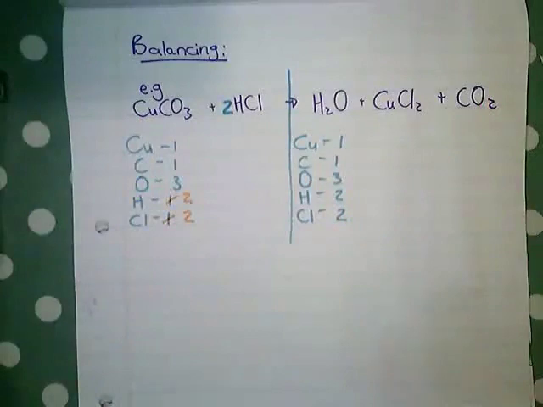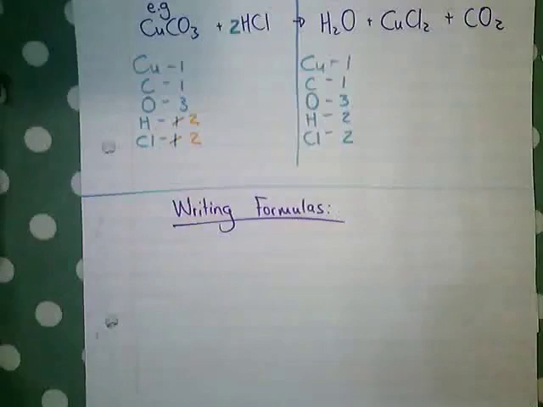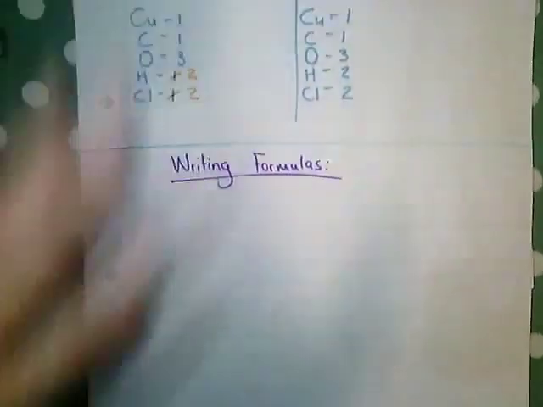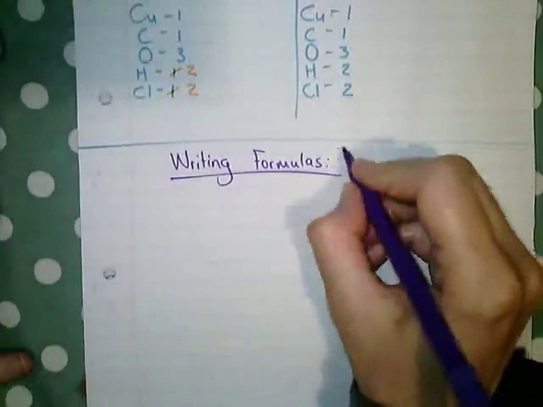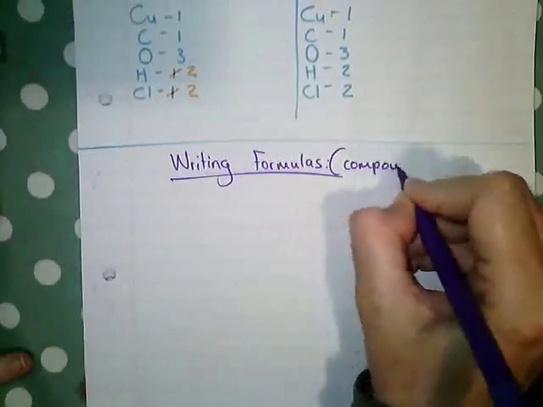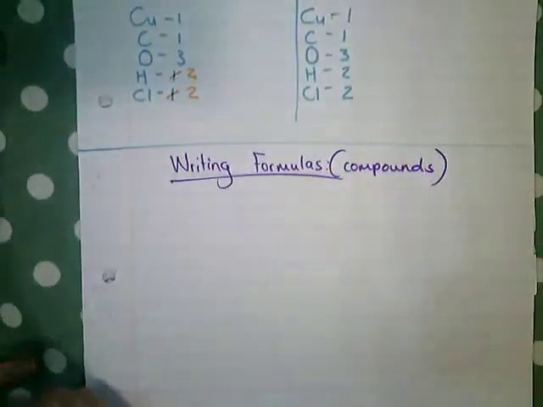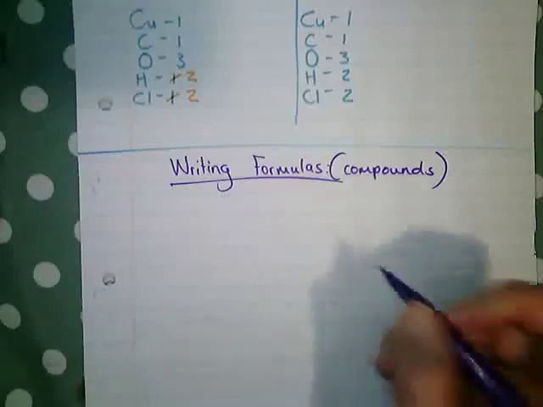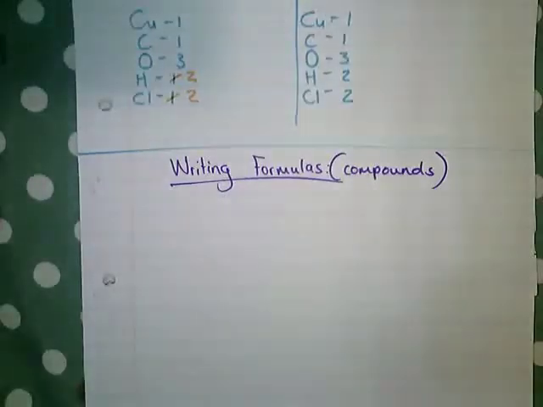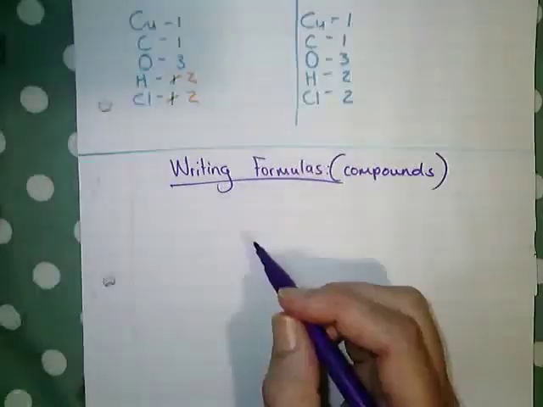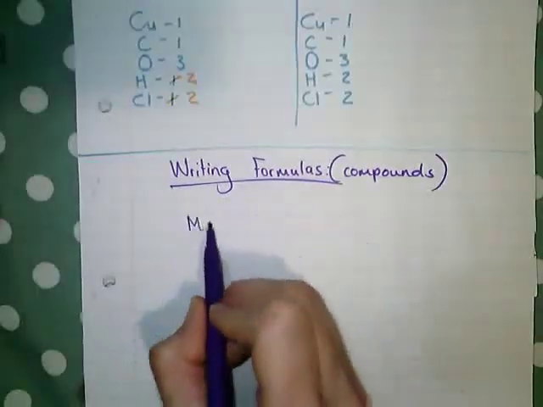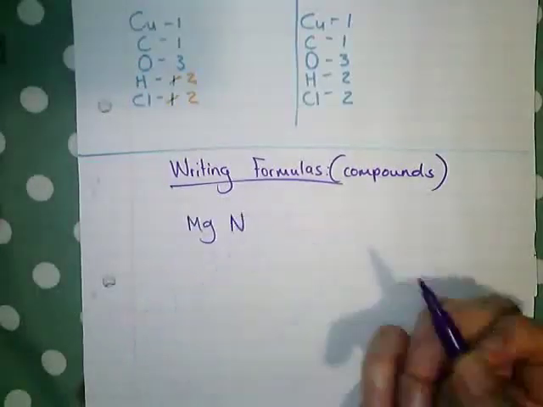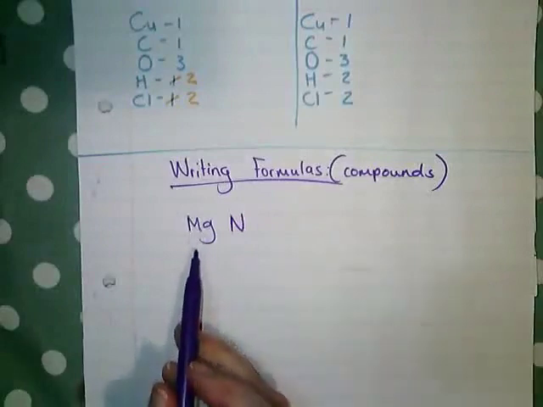The last thing I want to remind you of is how we write formulas for compounds. For this, you need the periodic table. Let's say, for example, we have magnesium and nitrogen. On the periodic table, you need to look at what group magnesium is in, and magnesium is in group 2.